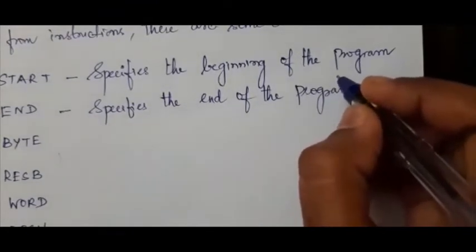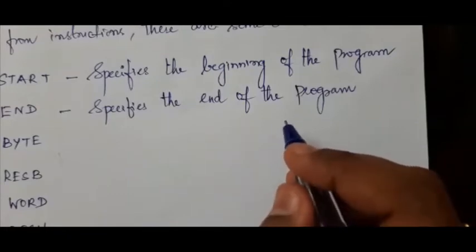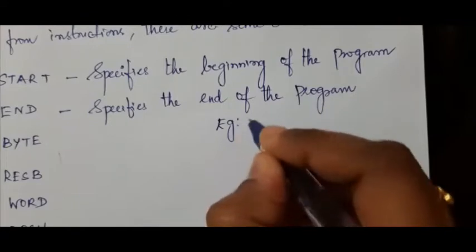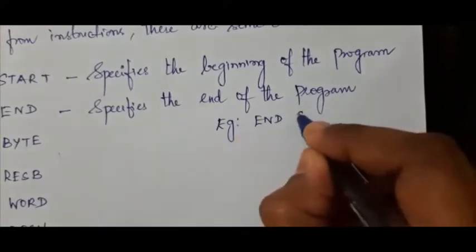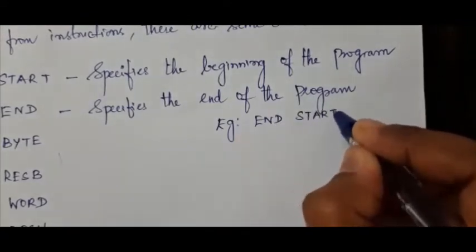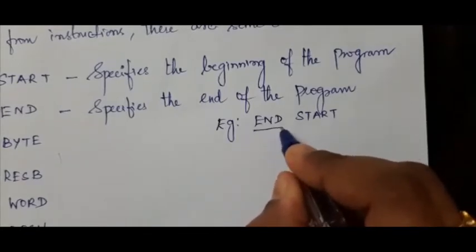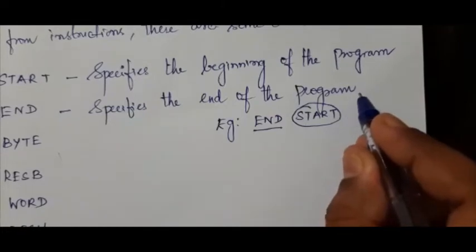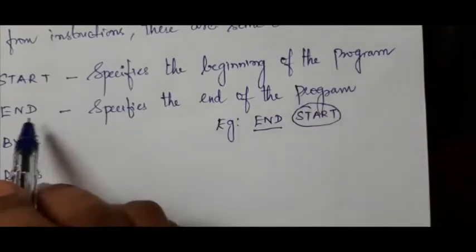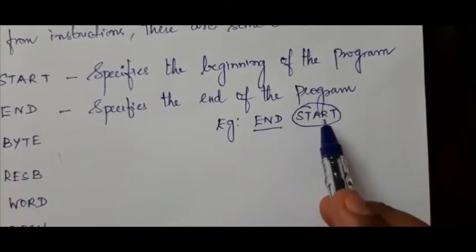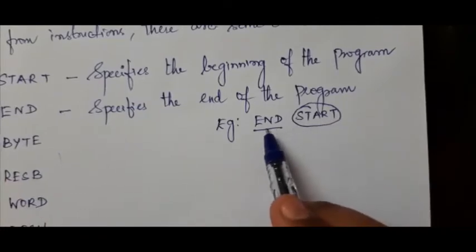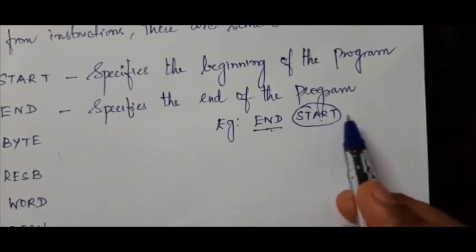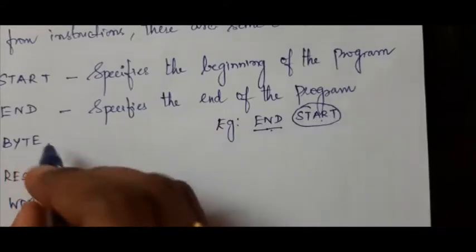For example, this END can also have the first executable statement. If I say END START, which means what? END specifies the end of the program and this START specifies the first executable statement. So if you have a label with END, it specifies the starting of the program. I'll make a note: END also specifies the first executable statement.